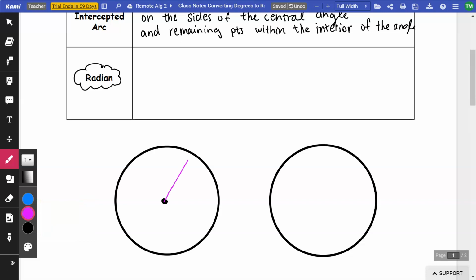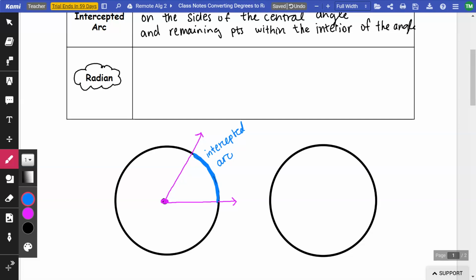If we draw a central angle, the central angle has a vertex at the center of the circle, and then the intercepted arc is the portion of the circle between the two sides of the angle, the interior of the angle here. So this is an example of an intercepted arc.